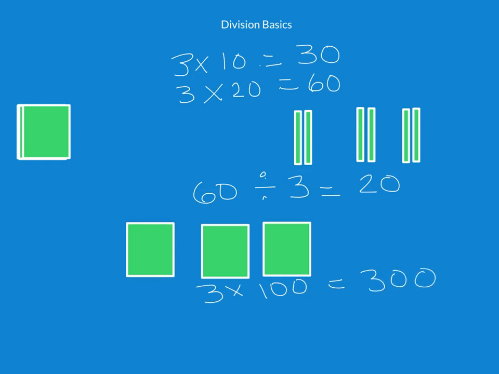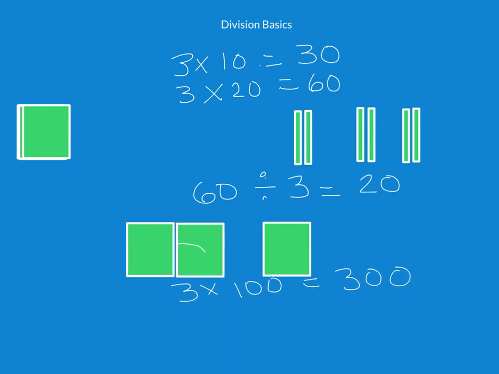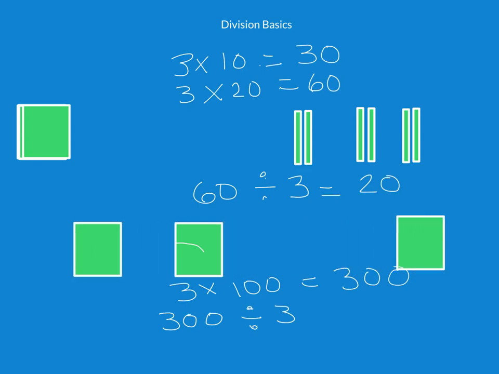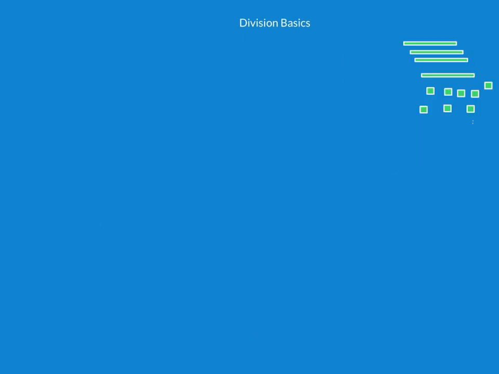If I start with the 300 all together, I could do division. 300 divided by 3 is going to put 100 in one group, 100 in another group, 100 in the third group. So that means 300 divided by 3 is 100 inside of each group. So this great place value knowledge, you want to hold on to that, because it's going to be very important as you start to divide these larger numbers.